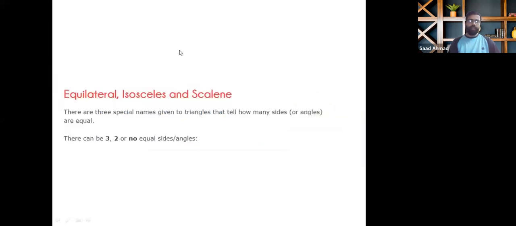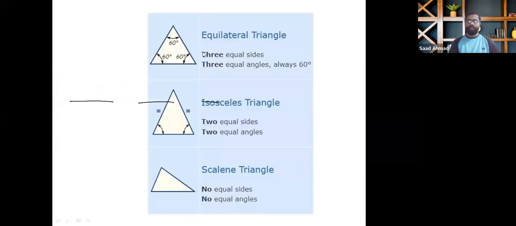Okay, so there are different types of triangles: equilateral, isosceles, and scalene. These are the names depending on how many sides are equal. If the three sides and the three angles are the same, then it's an equilateral triangle. It has three equal sides and three equal angles, and the angles are always 60 degrees.